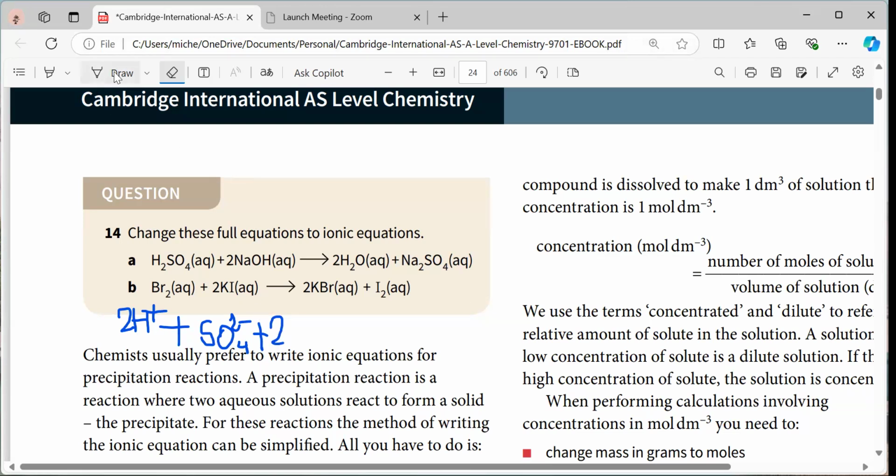Right here we have sodium, so it becomes plus. And this one will be the hydroxide part, which becomes negative. To make it simple, if it's only H, it is usually a positive charge, while if it's OH, like this one, it is usually a negative charge.